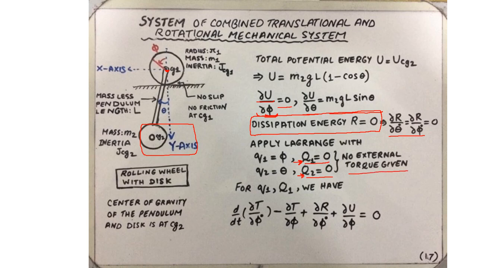Hence, if we want to write down the Lagrange equation for q1, then q1 is taken as phi and capital Q1 will be 0. This is the equation. The left hand side involves derivative with respect to phi and phi dot.